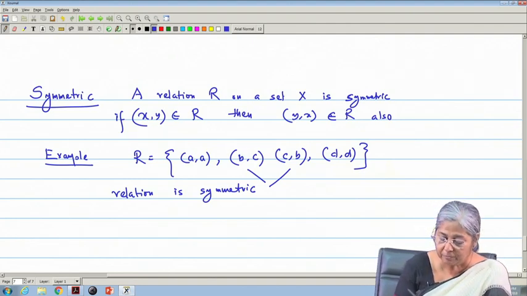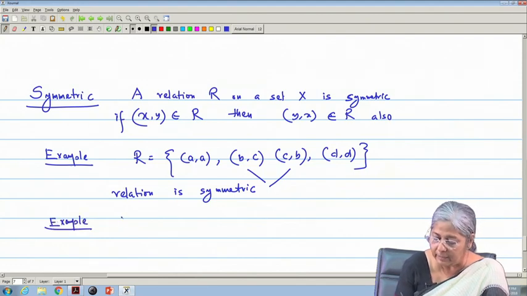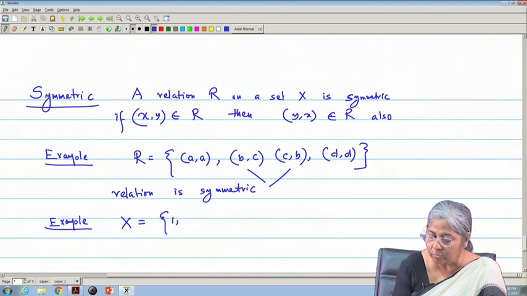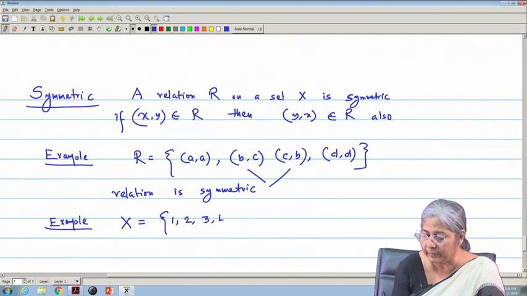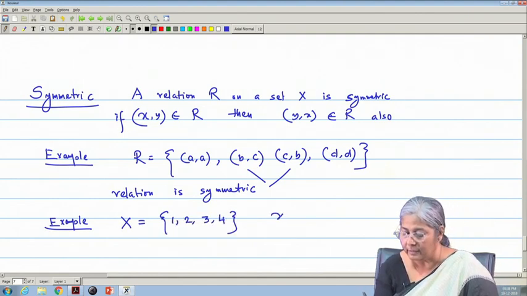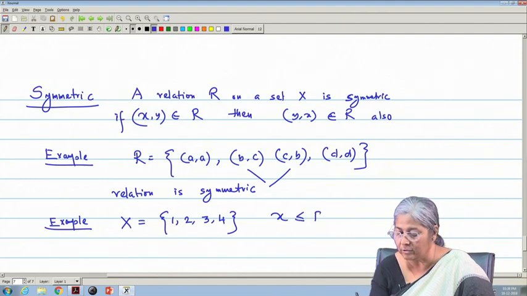See, if we consider our earlier example, that X equal to {1, 2, 3, 4} and the relation is x less than equal to y.